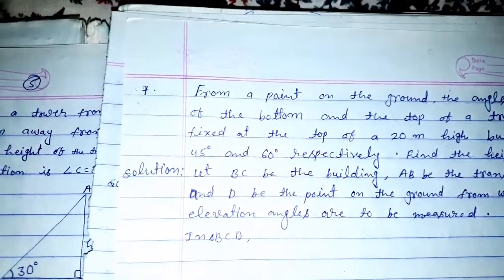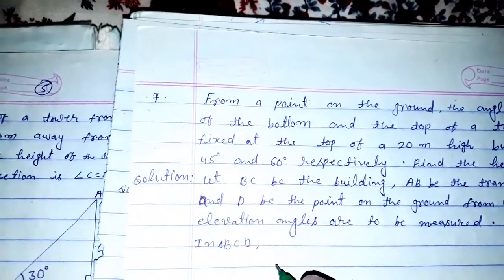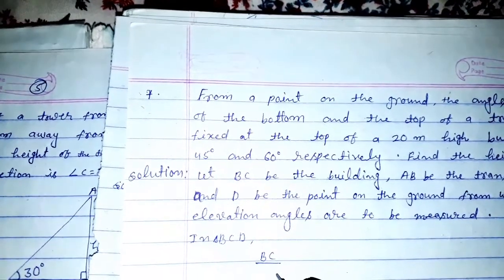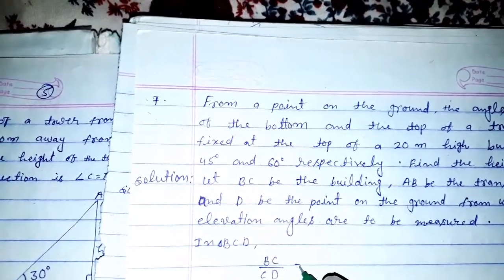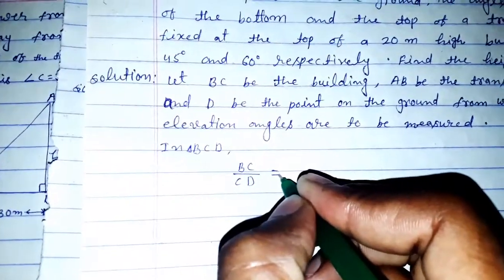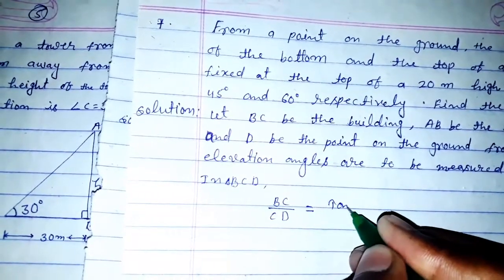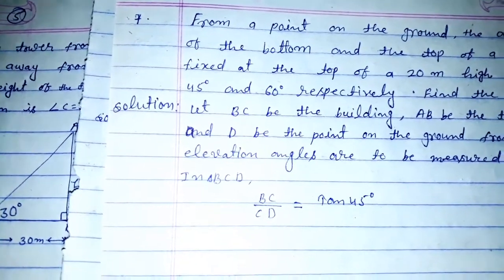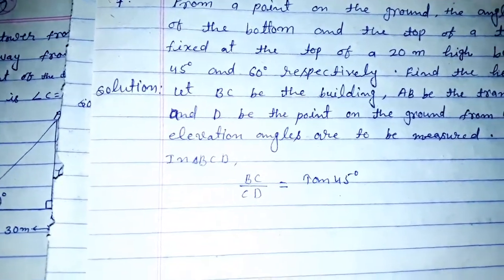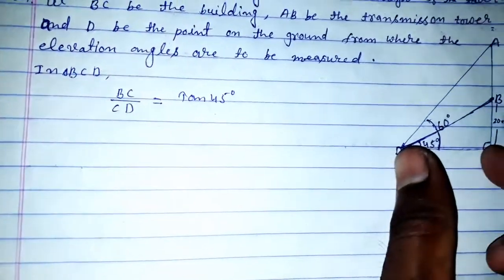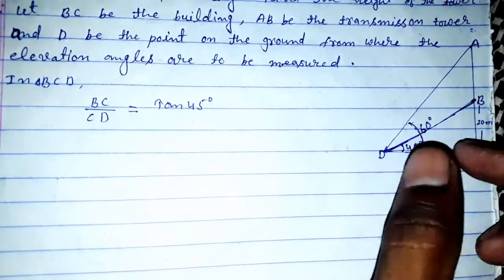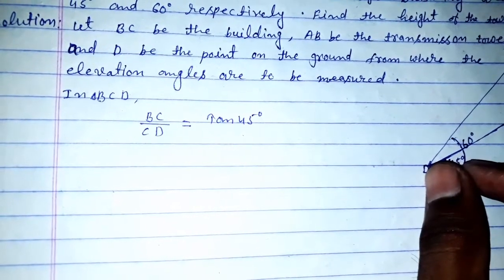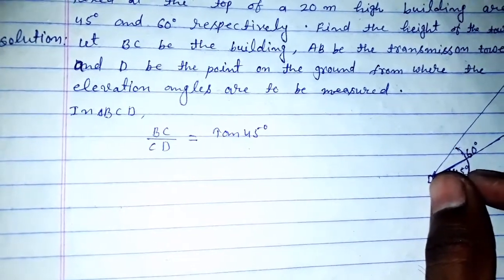So BC upon CD, this ratio is tan 45 degrees, because this is the opposite side of 45 degrees and this is the adjacent side. Theta is 45 degrees.